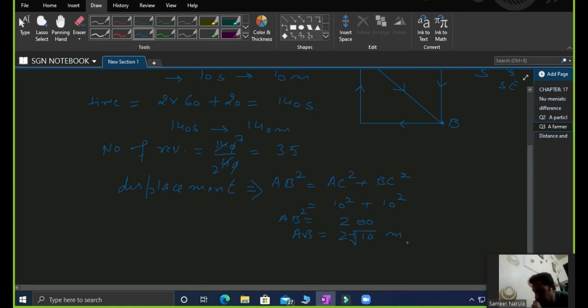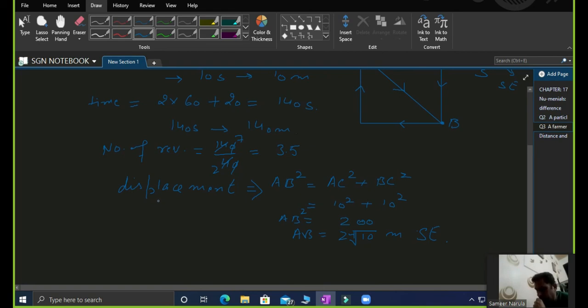So that is what we have, and the direction that you will see is northeast. So in this way, this is done. This is the displacement that you have just found.